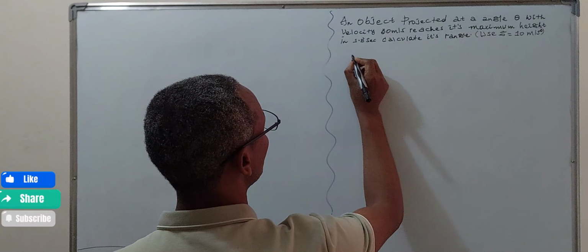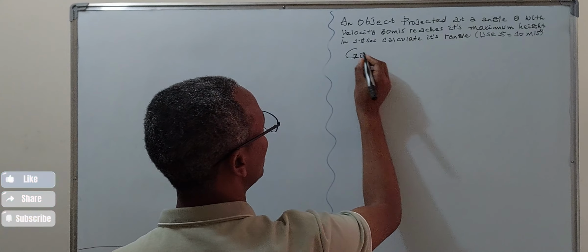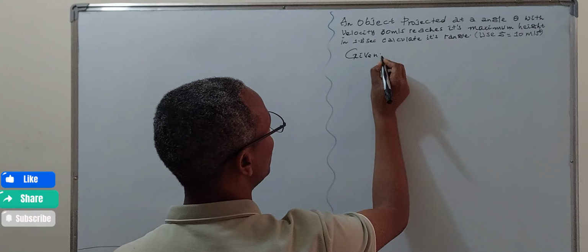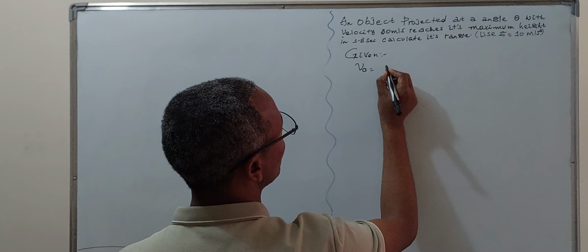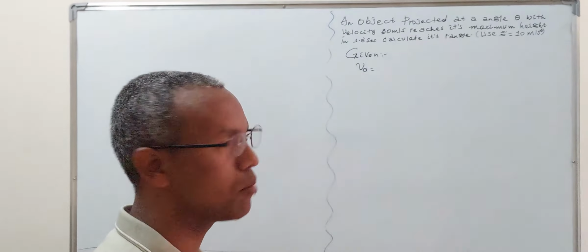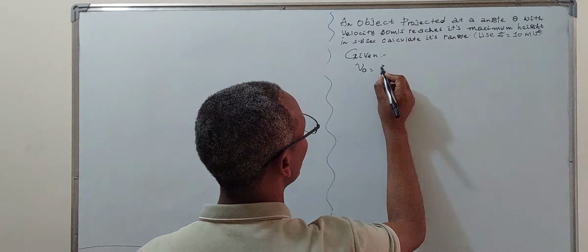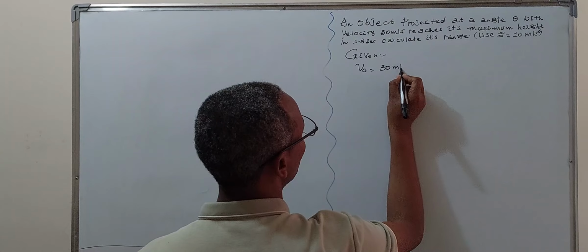So the given terms, let me write over here: the initial velocity, v sub o, is equal to 30 meters per second.